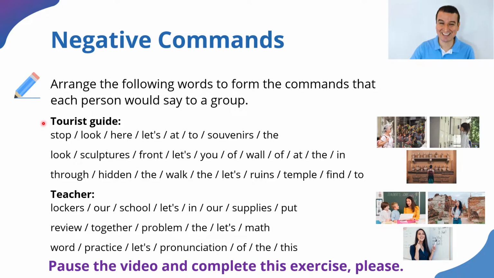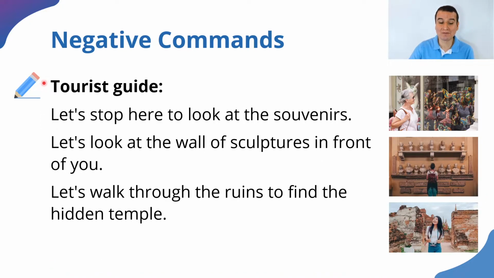All right, thank you. I hope that you did it. And here we have the answers. So the tourist guide would say, let's stop here to look at the souvenirs. You know what the souvenirs are, like gifts that you buy at a specific place that help you remember where you were.